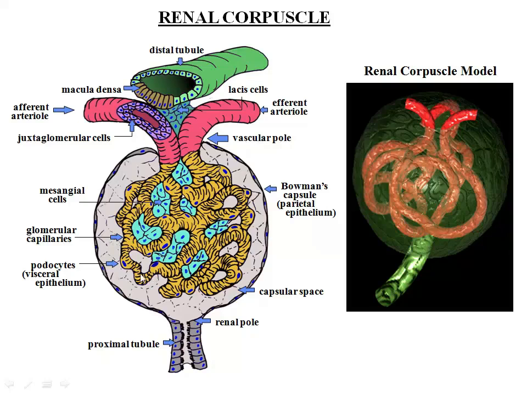Okay. Then if you see this glomerulus of blood capillaries, what you will notice here are mesangial cells scattered in the gaps between the capillaries, and these are glomerular capillaries and a podocyte, a visceral epithelial cell.